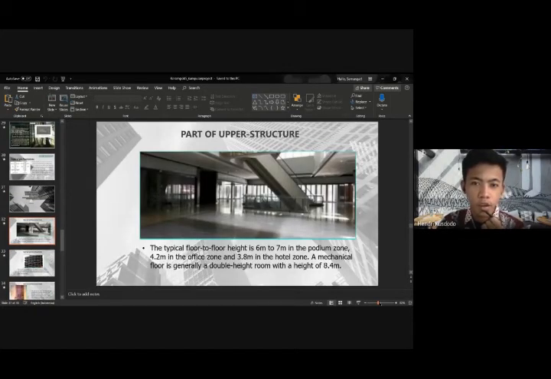Part of upper structure. The typical floor-to-floor height is 6 meters to 7 meters in the podium zone, 4.2 meters in the office zone, and 3.8 meters in the hotel zone. A mechanical floor is generally a double height room with a height of 8.4 meters.